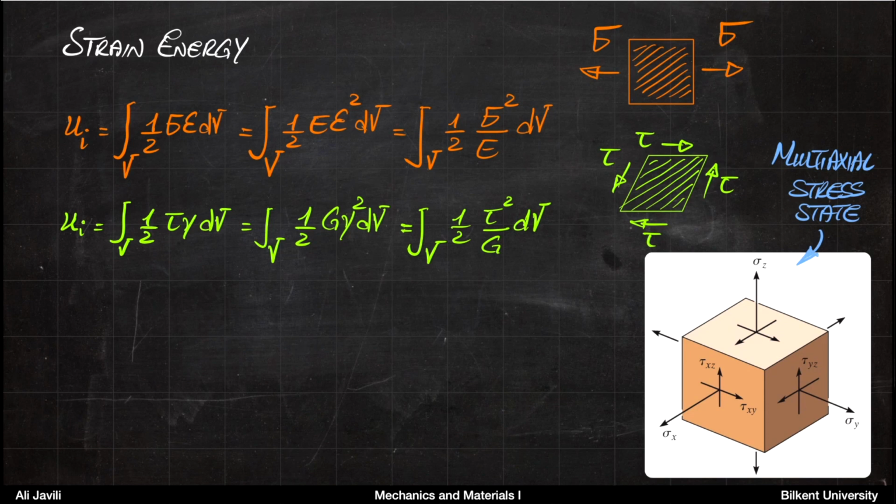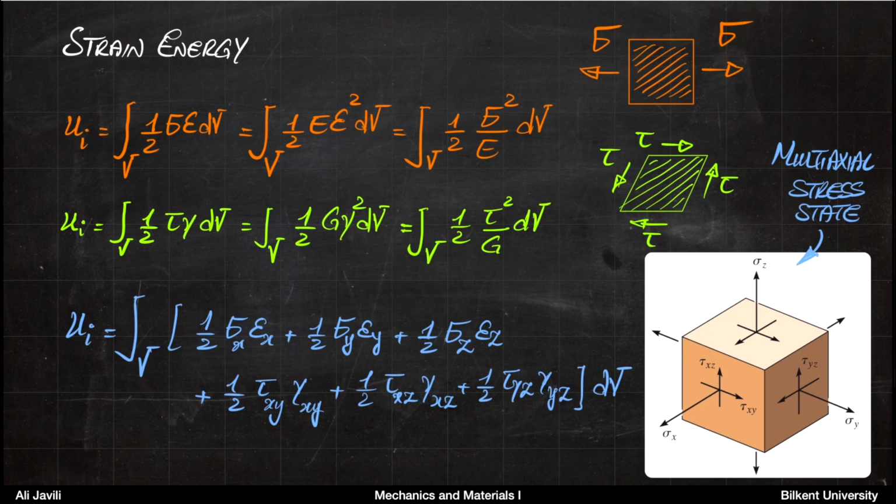So you can have normal stresses in every direction and shear stresses in every direction. What would you do then? It's exactly the same thing as we did before. It's more like using superposition, because you can calculate these energies and you just add them together.